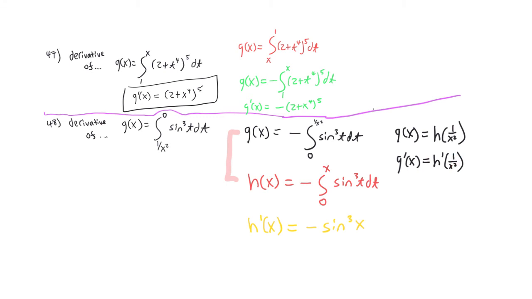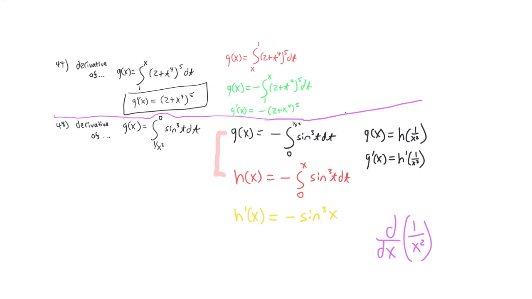Sure, it's the derivative here, but then it's going to be multiplied times the derivative of what's inside there. Well, the question is, what is the derivative of 1 over x squared?